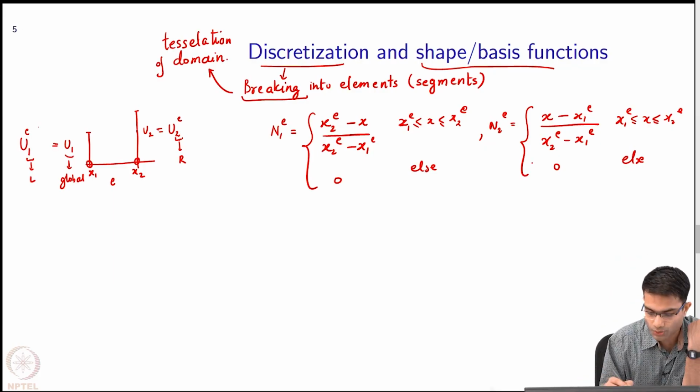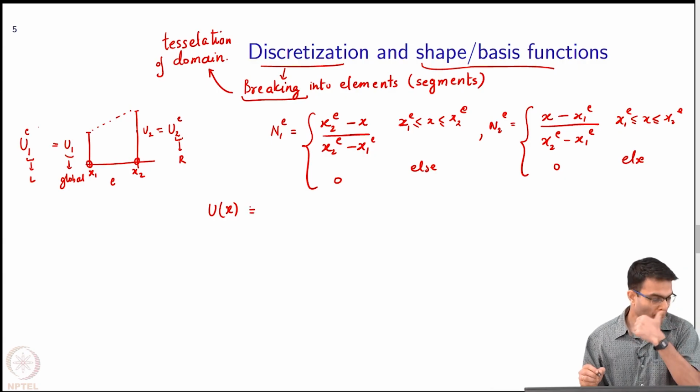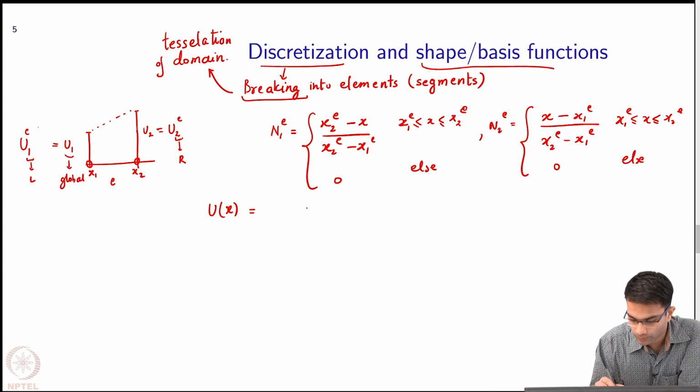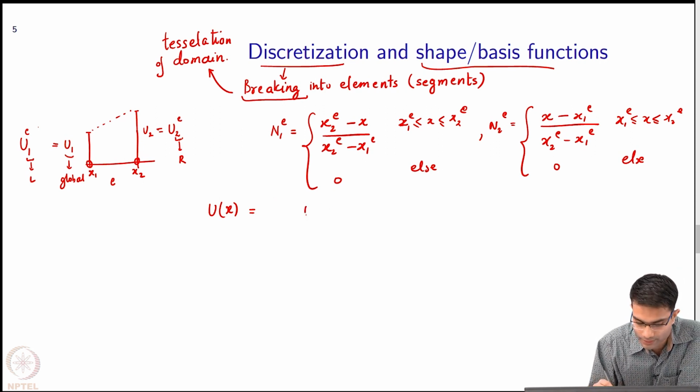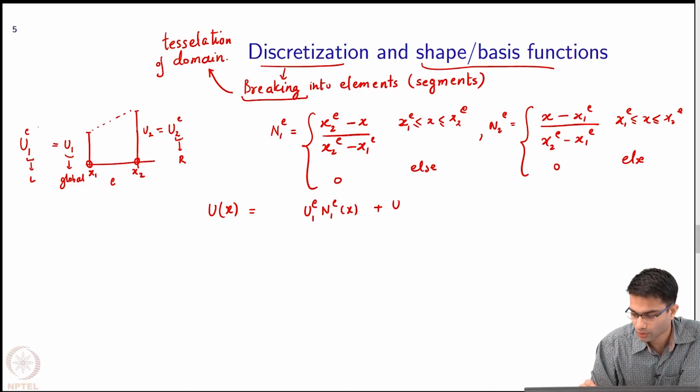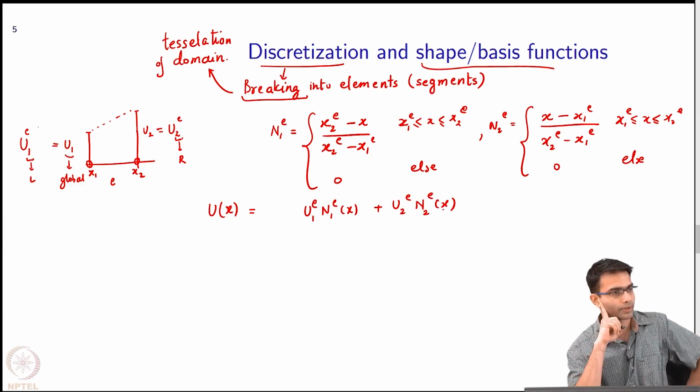Okay. Putting this together, I write the function inside over here, this u of x. What do I write it as? Yeah, we can call it a and 1, but we have defined the new variables over here. So I can write this as u1E times N1E of x plus u2E N2E of x, right.